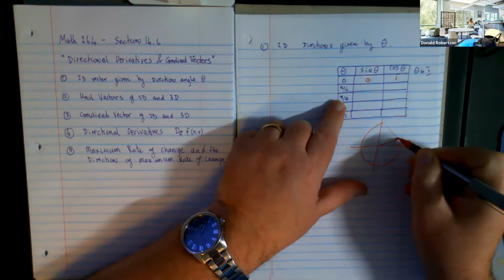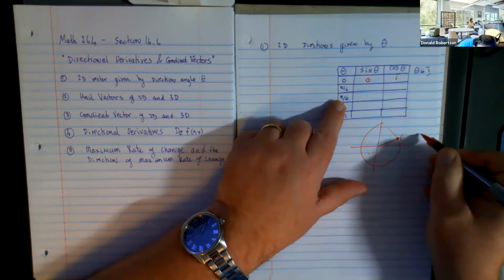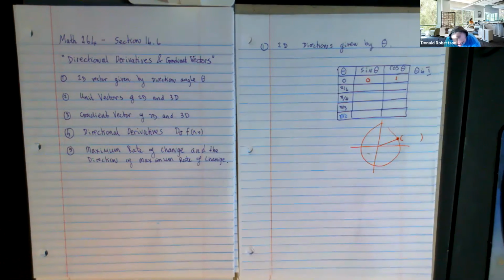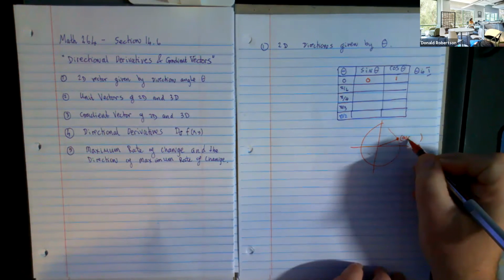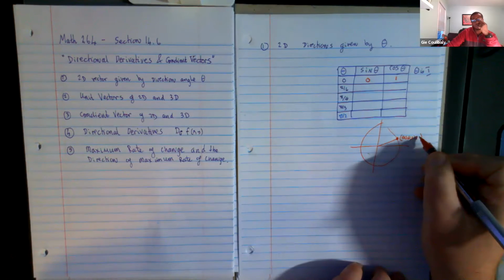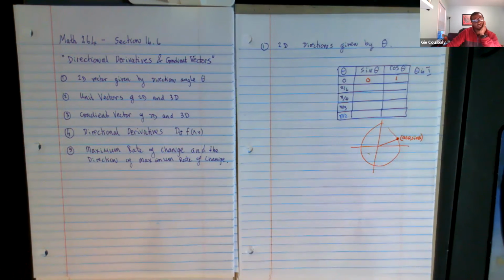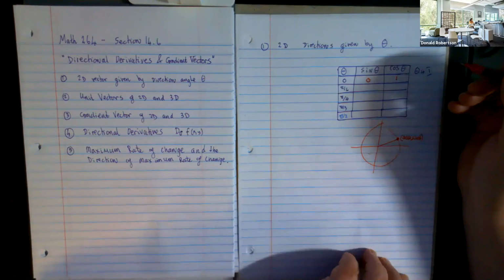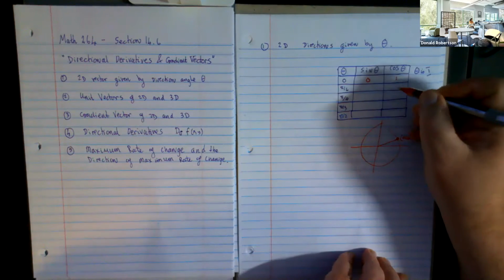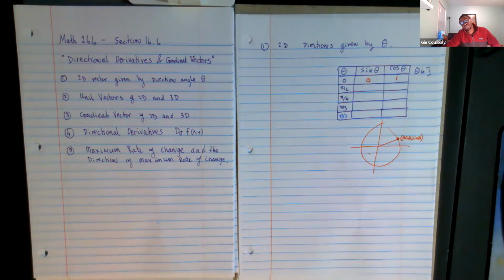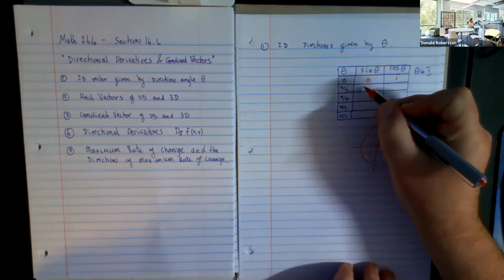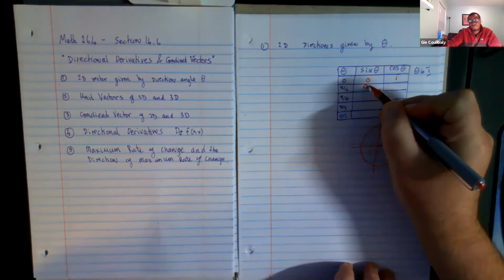There's pi upon 6. I think the sine is square root of 3 over 2, and the cosine would be 1/2. Is that what we're going for? The sine is 1/2.